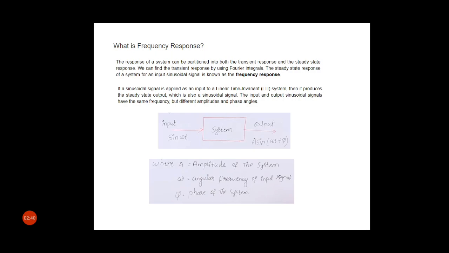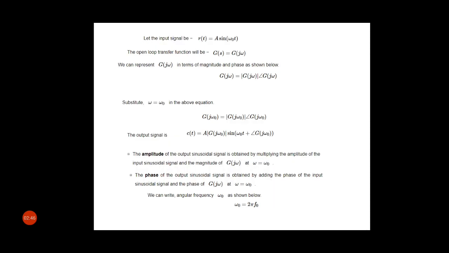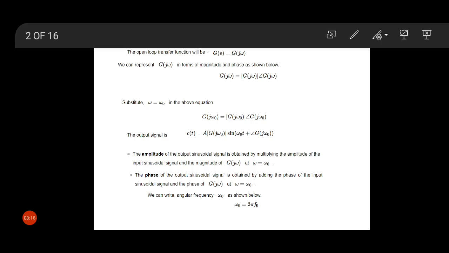So for example, if we consider A sin omega 0 t as the input signal of the system, that means r(t) equals A sin omega 0 t. We are giving this signal to our LTI system, whose open loop transfer function I am considering as G(s).